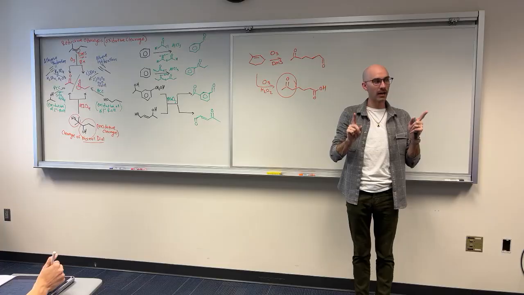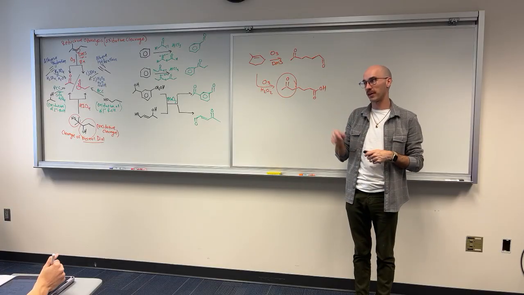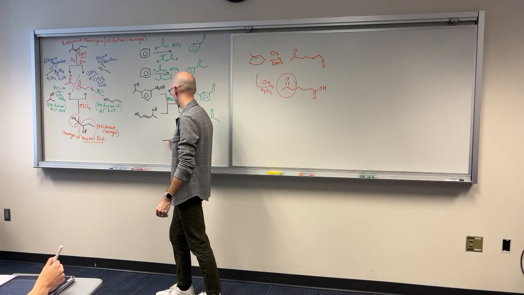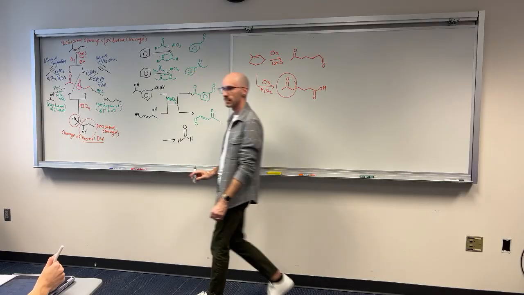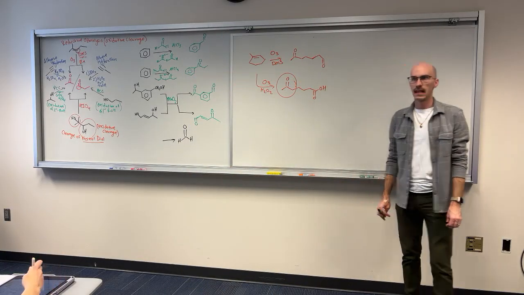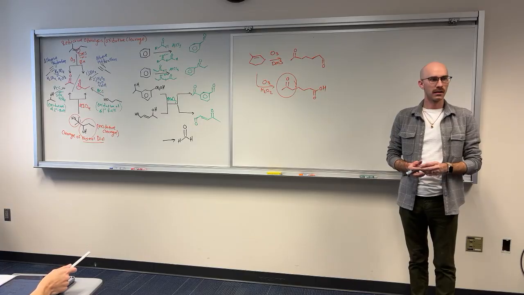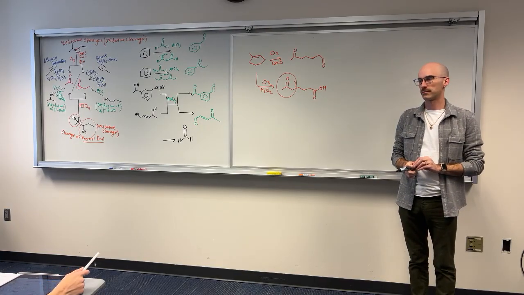But there's one aldehyde that is unique from all the other aldehydes. It's not a primary aldehyde carbon. How can I make formaldehyde? Now that I'm thinking about it, there might be a few right answers here.